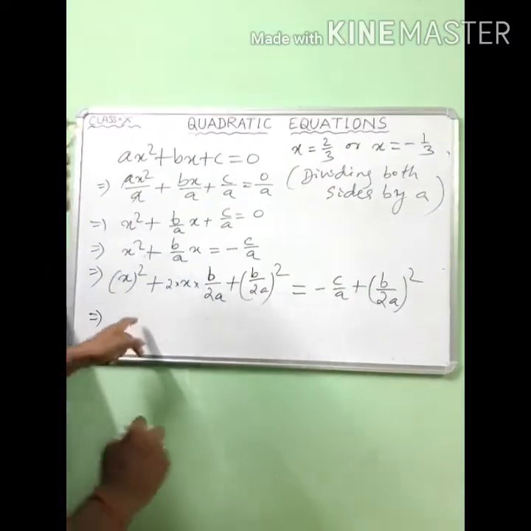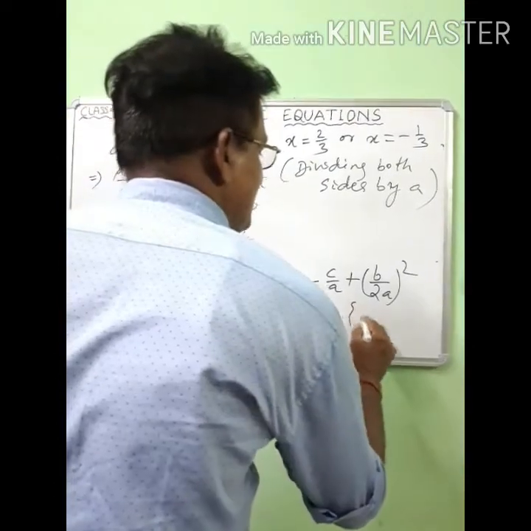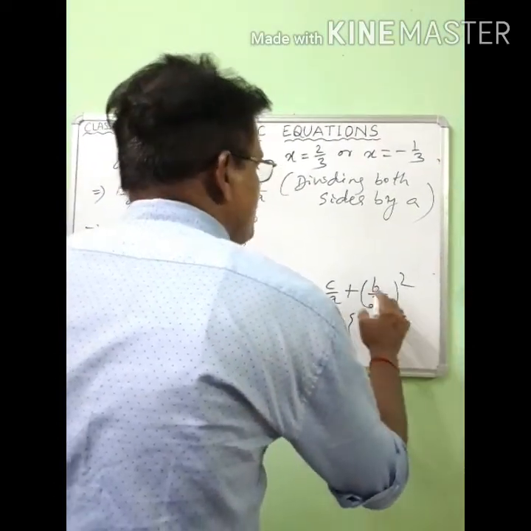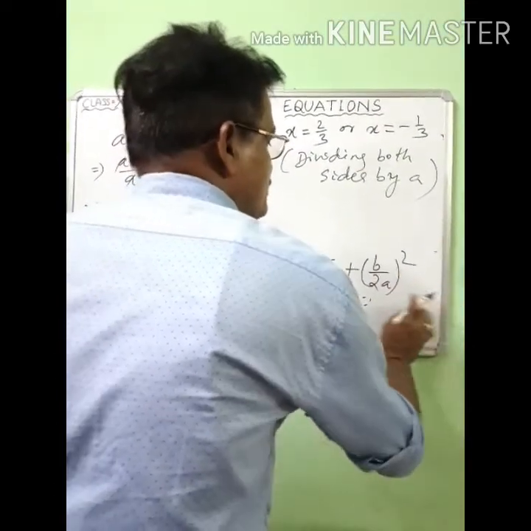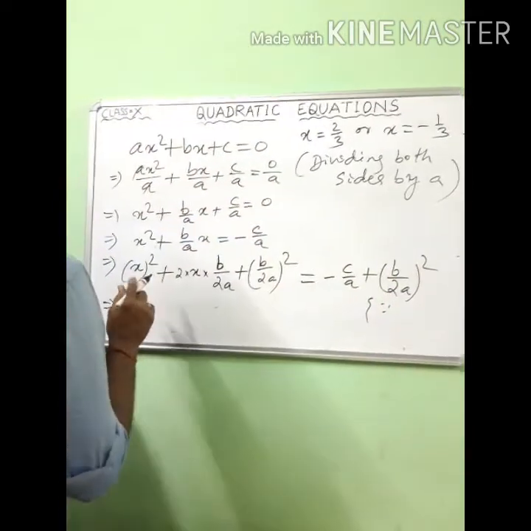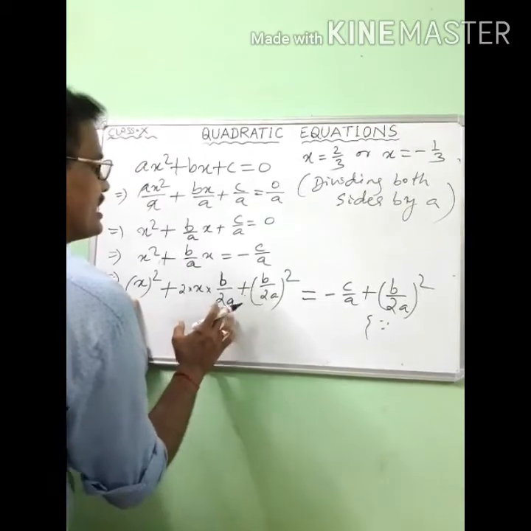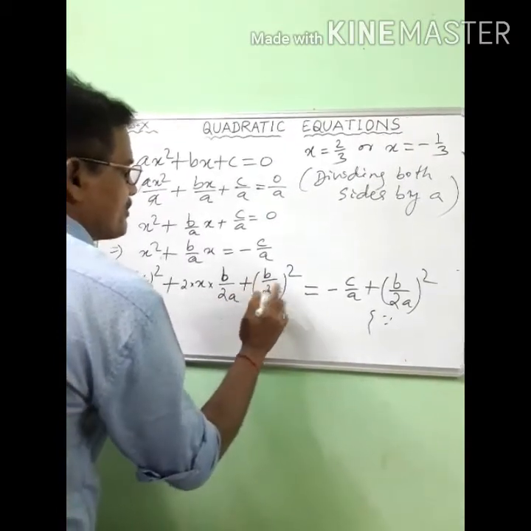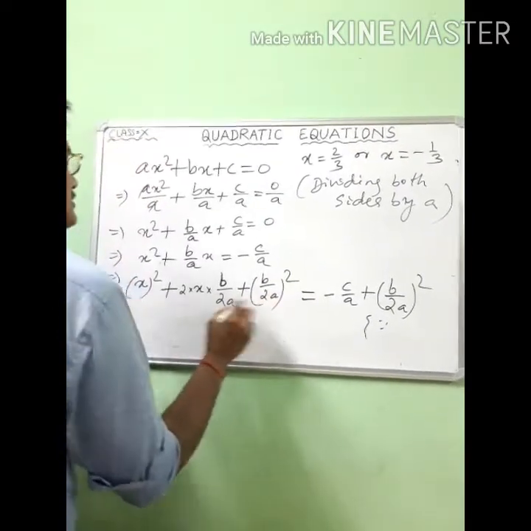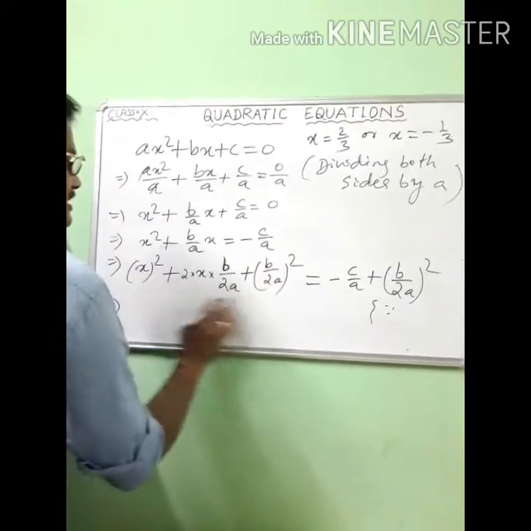So let us write here: adding b by 2a whole square to both sides. Now this is in the form of a square plus 2ab plus b square. So the result is what?